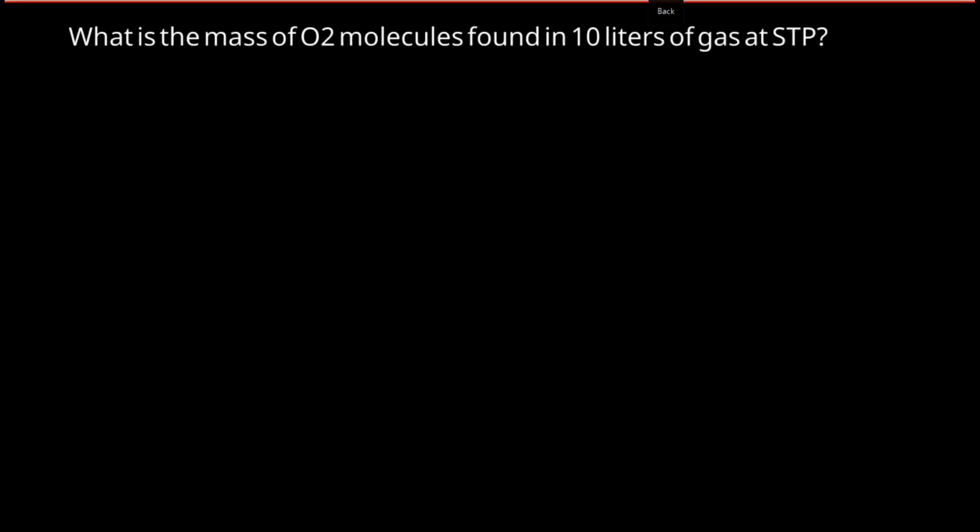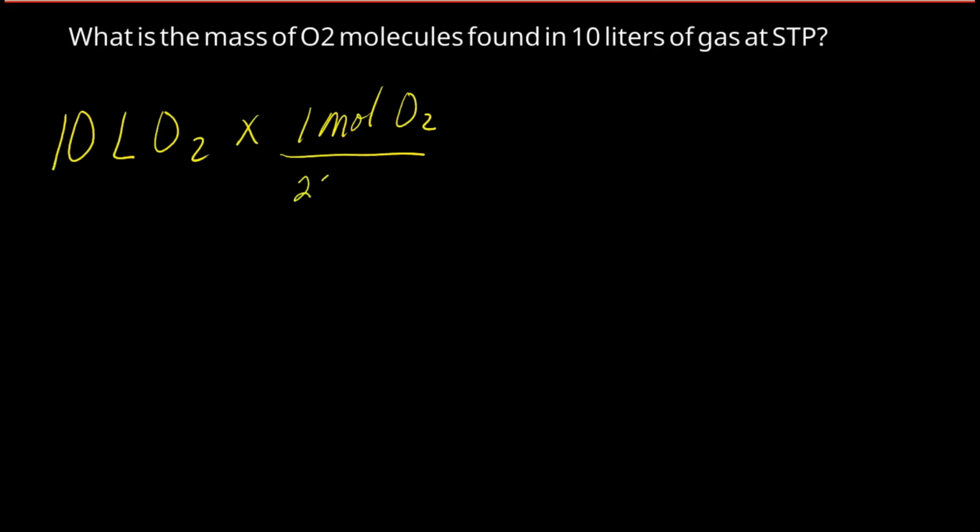So what's the mass of oxygen molecules found in 10 liters of gas at STP? So 10 liters of O2. So 1 mole of O2 is 22.4 liters.